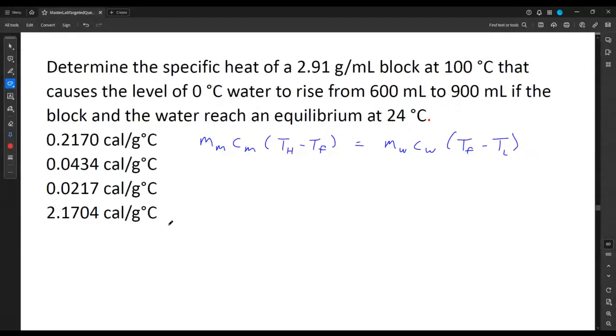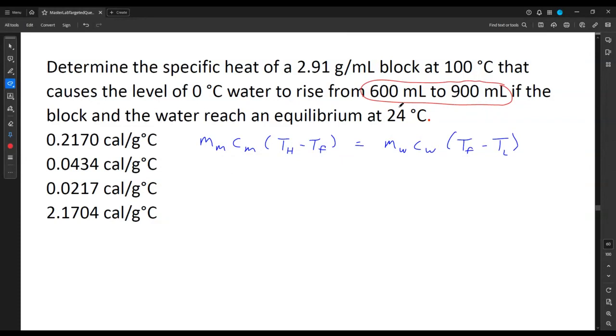Okay, so let's see what we have. We're supposed to start with the mass of the metal block. We don't have that, right? But we did just learn how to do that. So that's something we'll want to pay attention to. This right here is actually going to provide more information than it seems like it would at first glance.